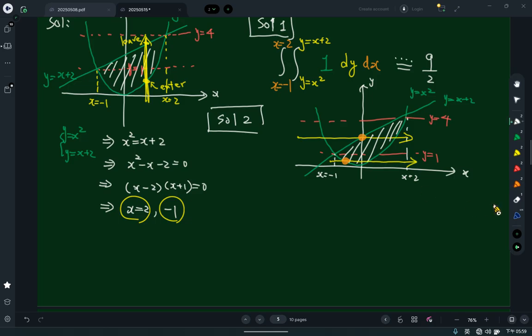So the region here will be divided into two parts. But we always go for dx first, and then dy. But right now, there are two parts.